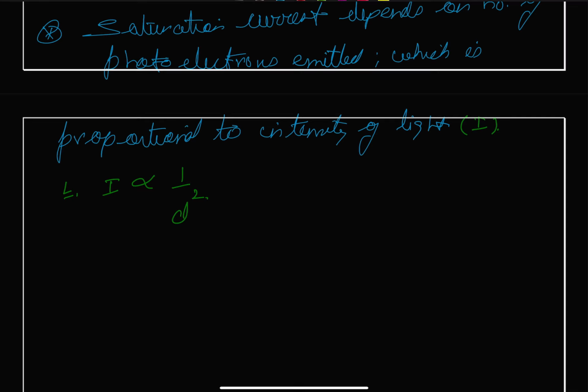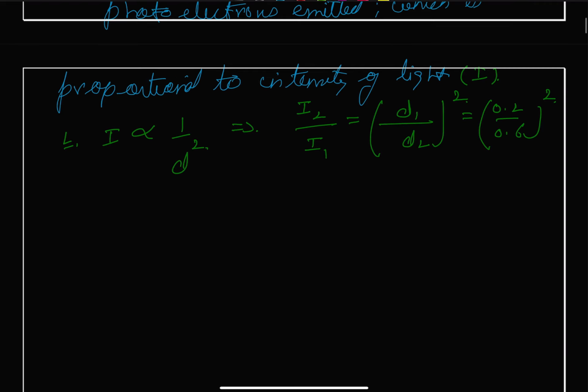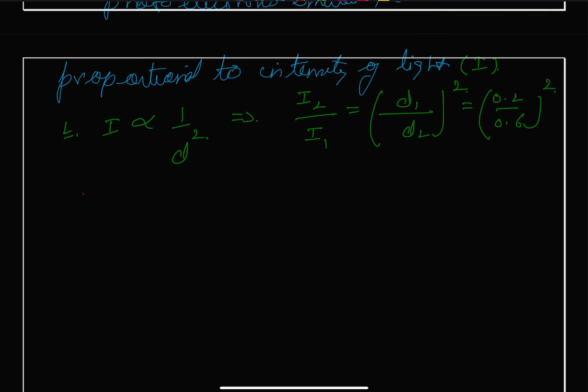So we have two distances, so we can write this equation as intensity I2 divided by intensity I1 will be equal to d1 upon d2 whole square. d1 and d2 we know, that is 0.2, and this is 0.6, whole square. So from here we get I2 upon I1 will be equal to 1 upon 9.